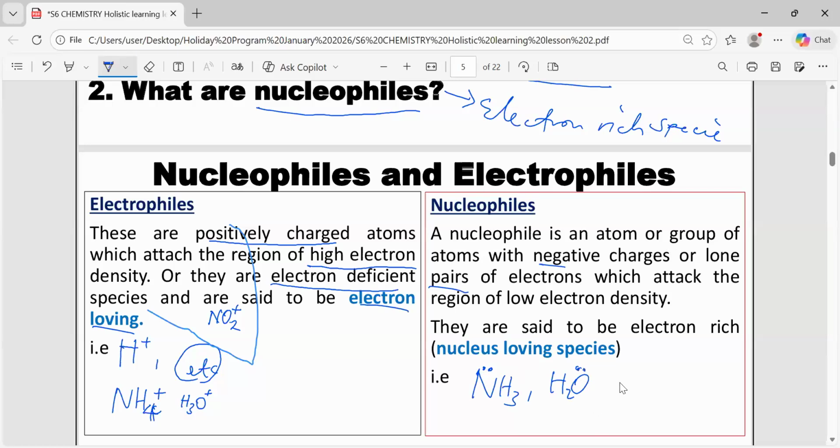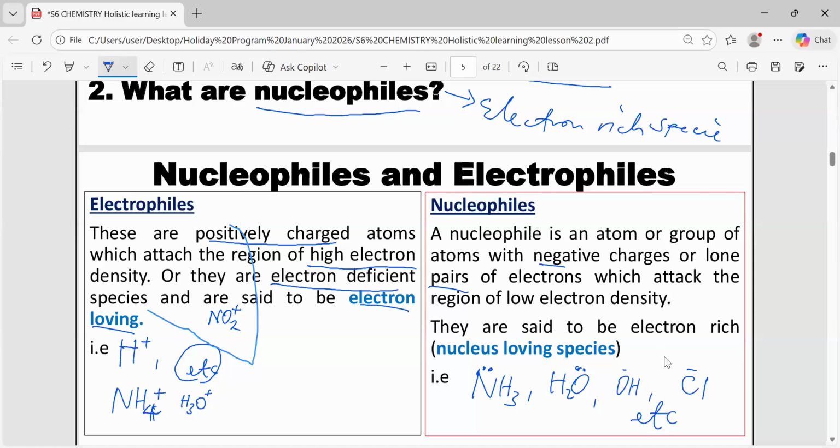Juliet, that is nice. Juliet is also giving us hydroxide ion. Many people are giving us a number of them. Someone has also put chloride ion, and etc. So those which have a negative charge or lone pairs of electrons attack the region of low electron density.